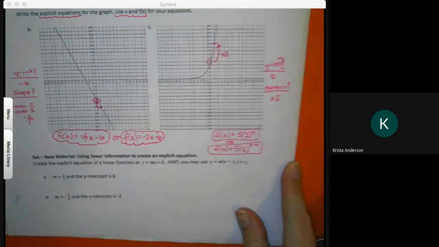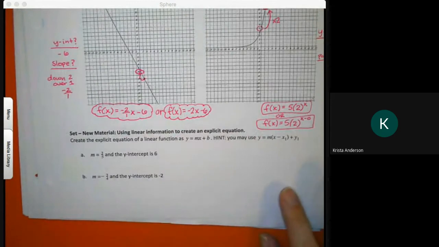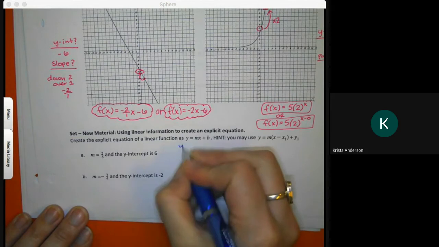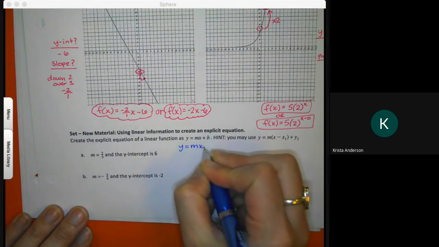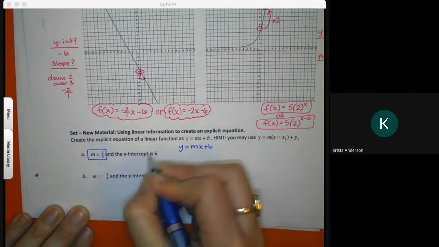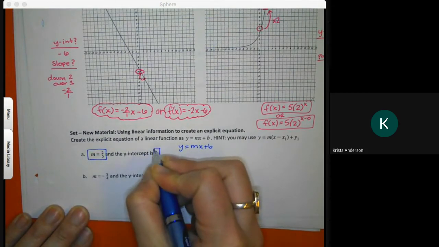All right, let's go to our set, the new material. We are writing the explicit equation as y equals mx plus b. I have m right here, and I have the y-intercept.